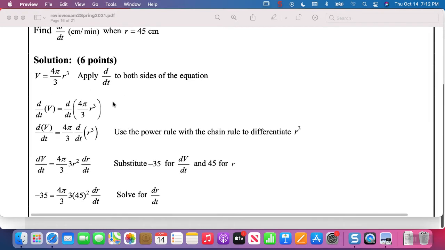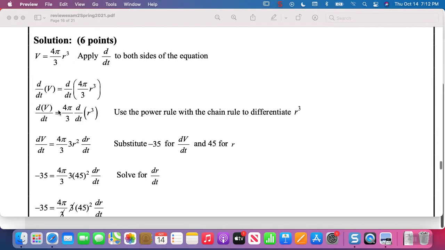To get the rate of change from this equation, we take the derivative with respect to t of both sides. When we take d/dt of V, we get dV/dt.